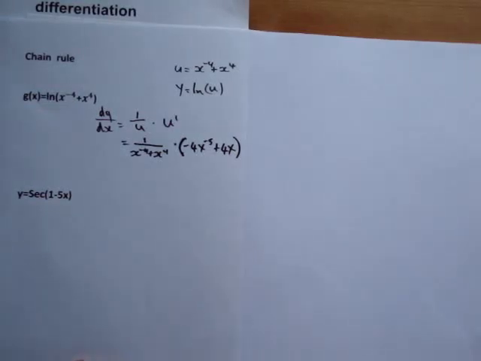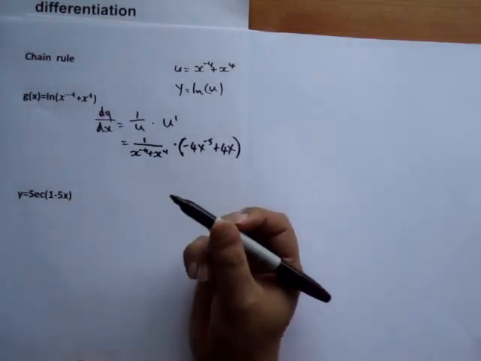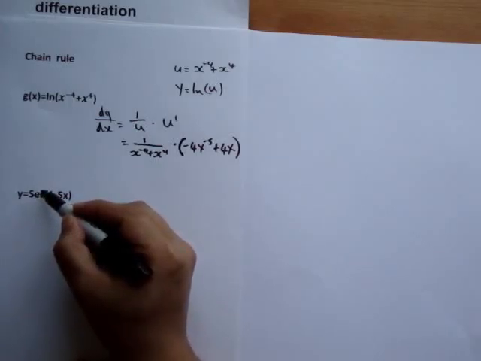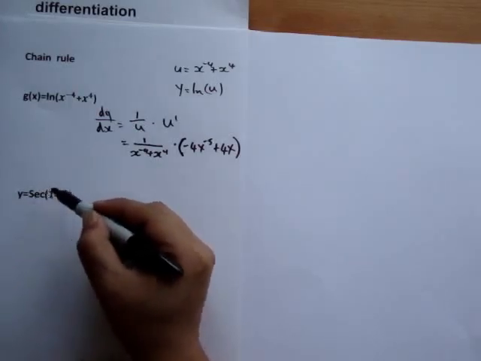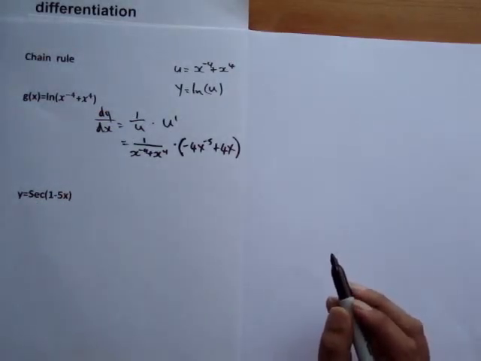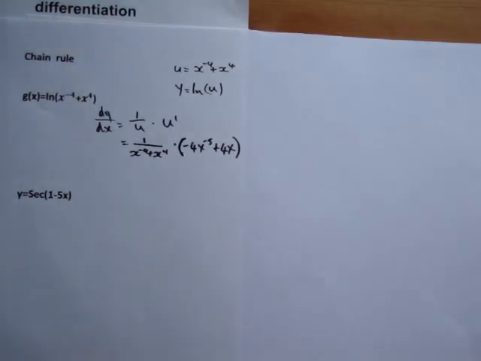In this next example, this function y equals sec 1 minus 5x in brackets. So here we have a function within that function, so it's a nested function, so again we need to apply the chain rule. Now let's remember what happens when we differentiate.